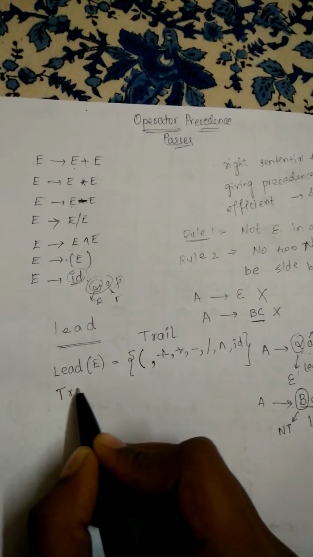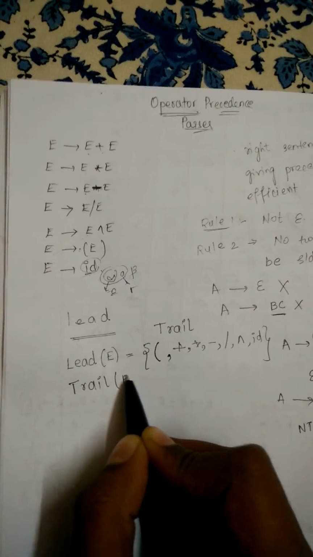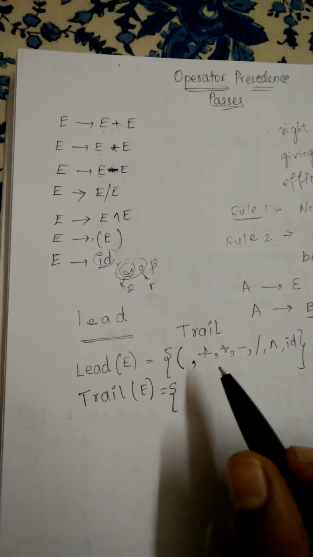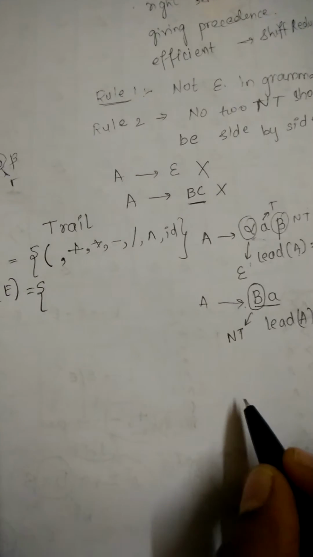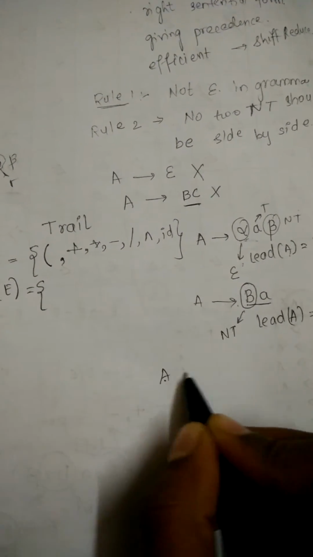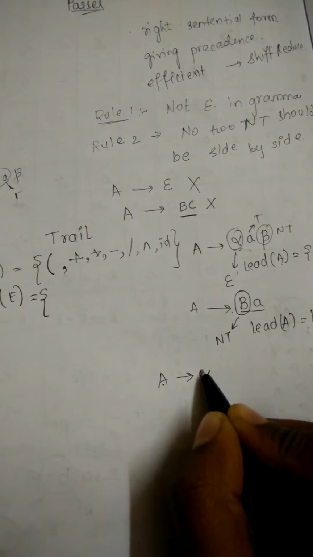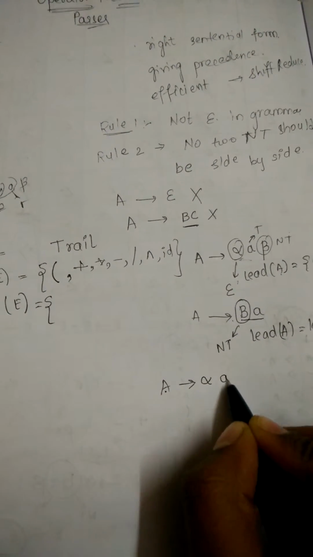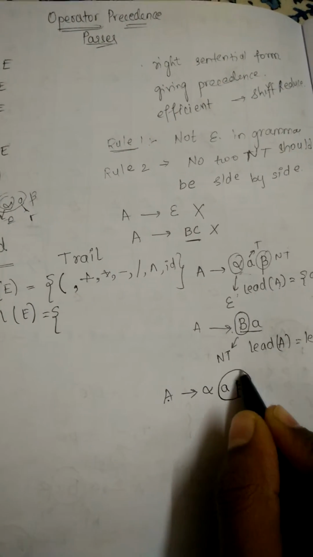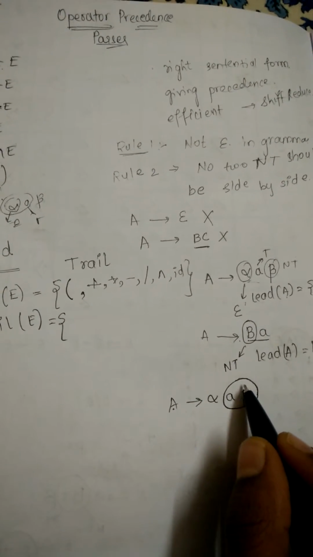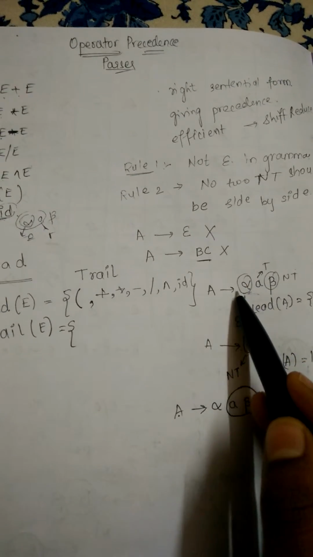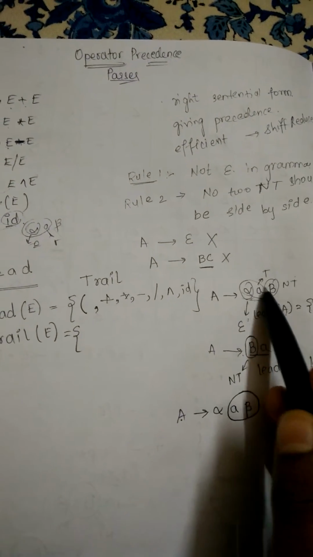Next we'll see trail of E. What is trail of E? The same thing, we have another rule: A tends to alpha a beta. Over here we have to focus only on the last elements. Trail means we focus only on the last elements, lead means we focus only on the front elements.